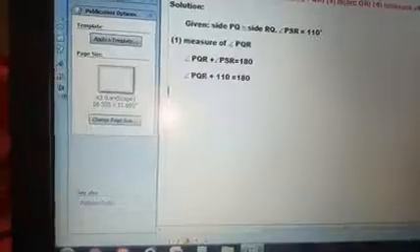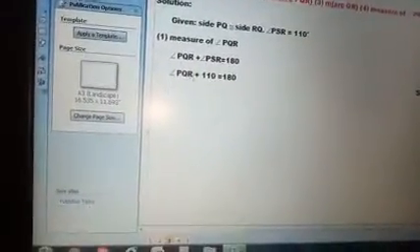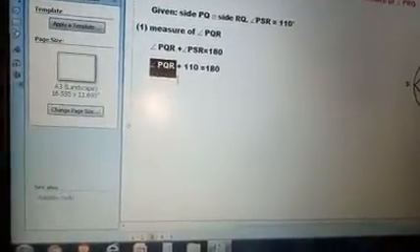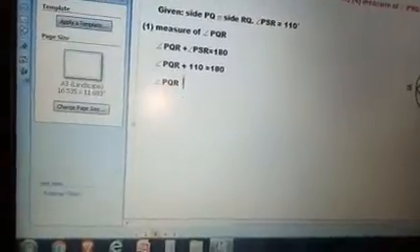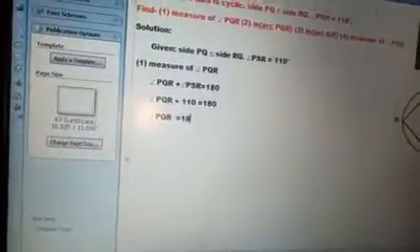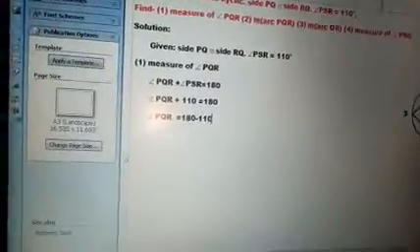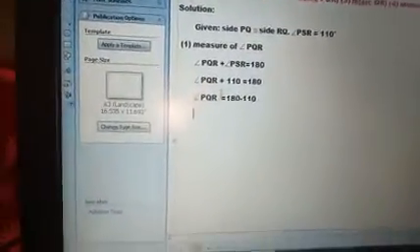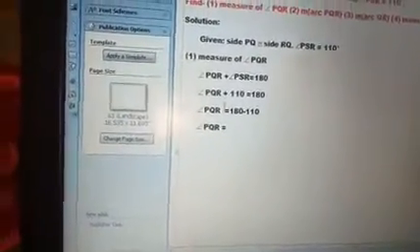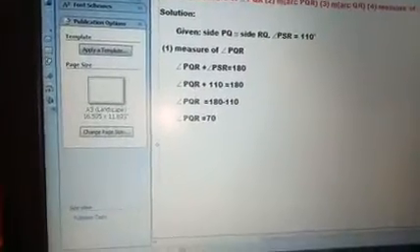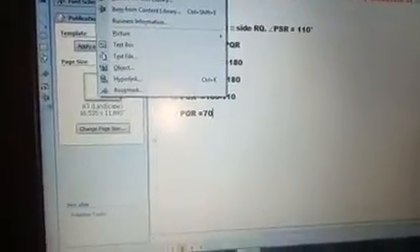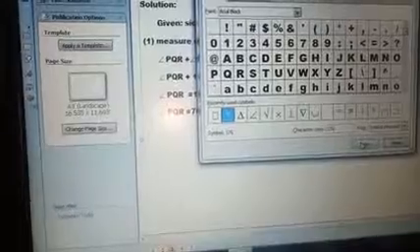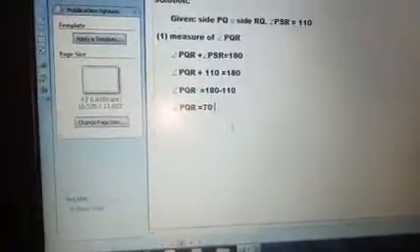So angle PQR is equal to 180 minus 110. Then how much remains? 70 degrees. So angle PQR is equal to 70 degrees. Understood how we get the angle PQR?